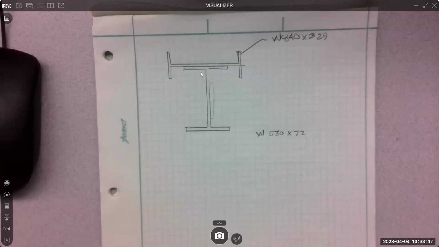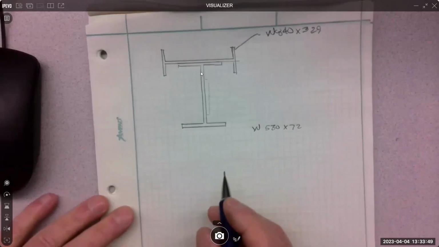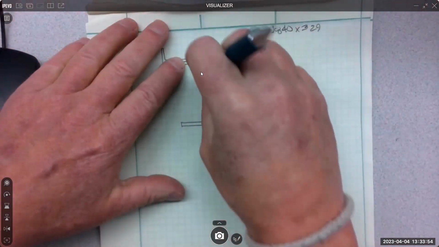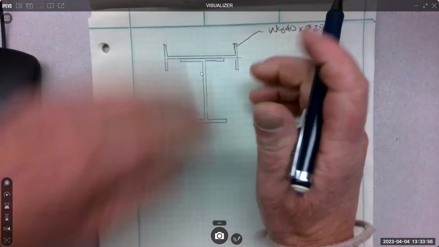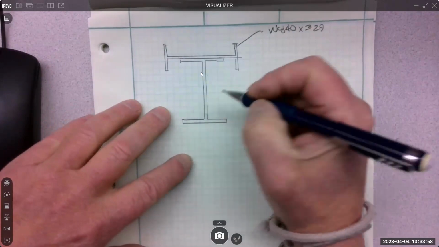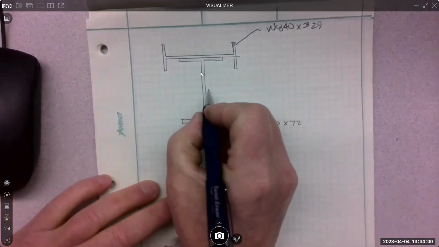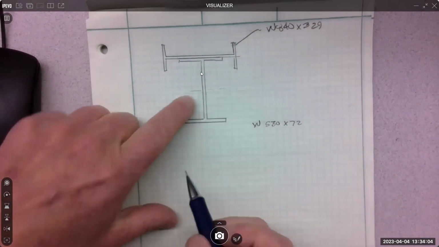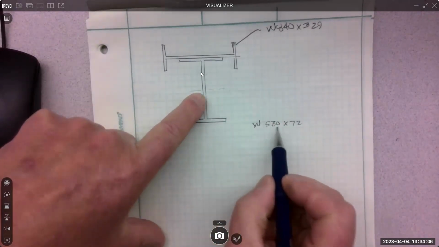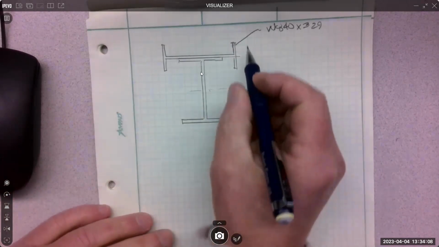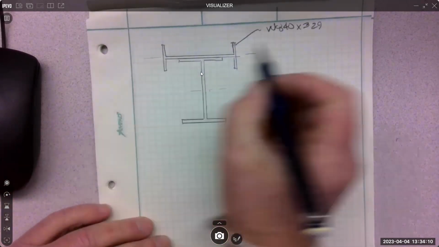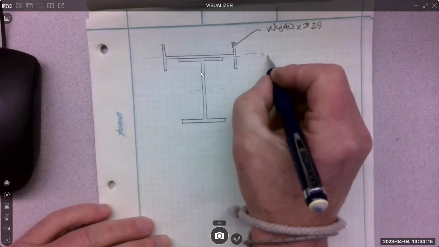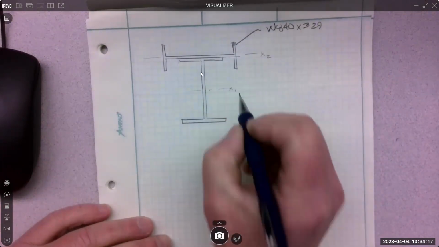Same formula, right? So the formula to find, I'm going to get rid of my little plate. So where do you think, so here's the x-axis of this W530. And here is an axis for the W840 here. I'll call it X2, X1.